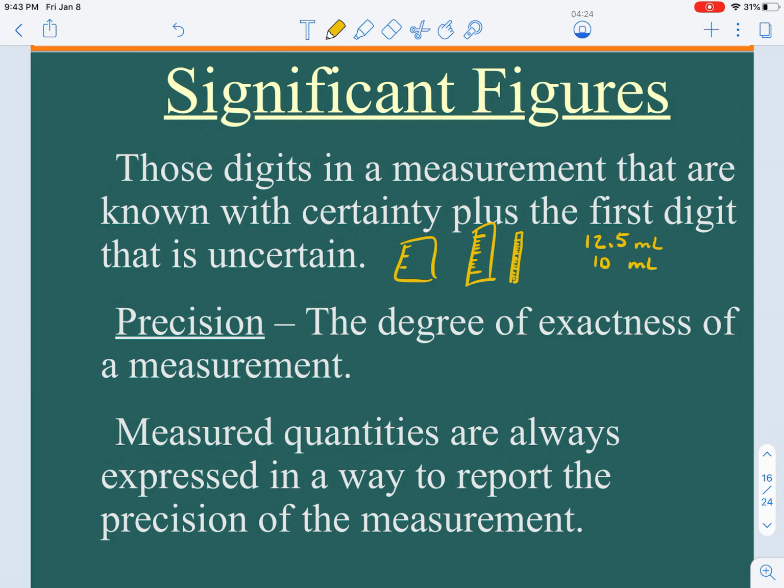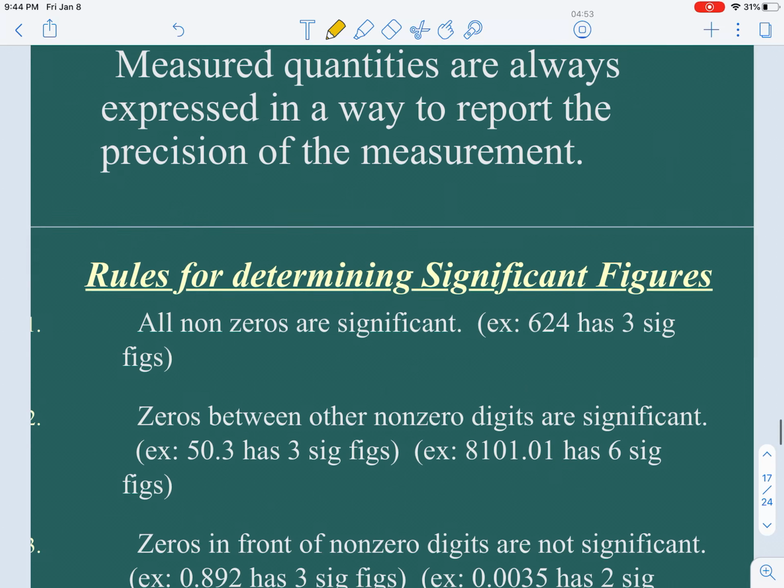So when our math work is all said and done, we're going to take our answer and say, okay, well, the calculator may have given me this answer, but because of that number that I used for the mass, I can't really give my final answer with that much detail because I don't know for sure, because that mass wasn't provided with as much precision as the other values. So we're going to round it according to the least precise because that's all we can confidently answer with, okay?